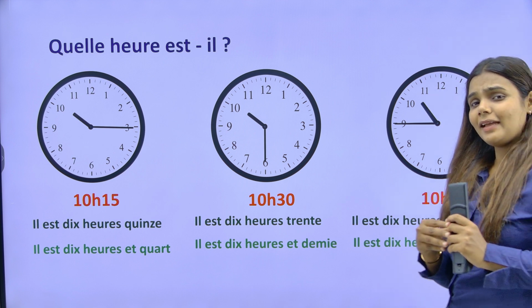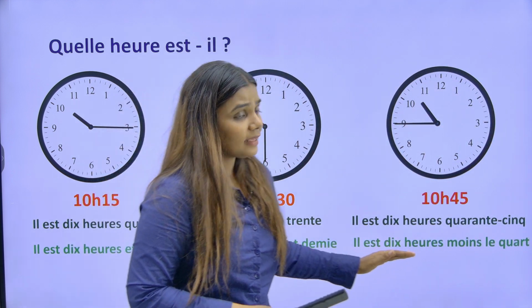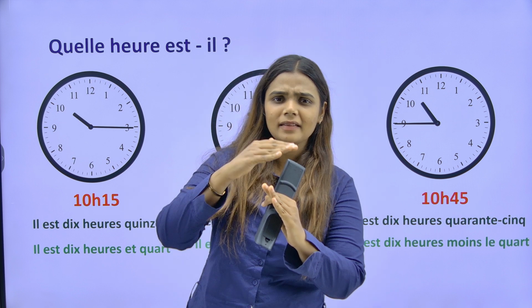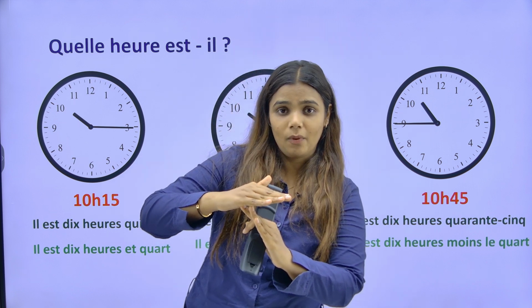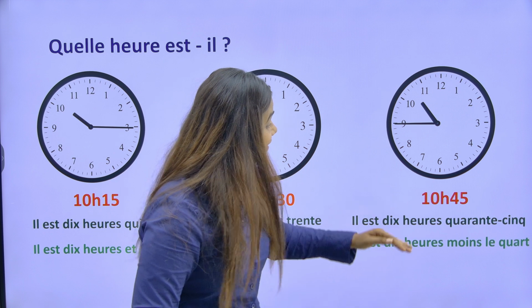But wait, will I say 10h moins le quart? Because it's 10 o'clock minus a quarter. Because if I'm saying it's 10 o'clock minus a quarter, then it will become 9:45. And I want to say here it is 10:45.